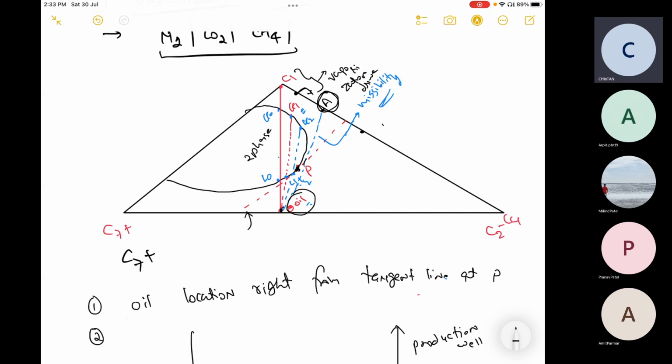This is the tangent line, the line from my oil and plait point, and this is the tangent from P. Because at a particular point you will have only a single tangent. You will never get two tangents at a particular point. In a circle, tangents are unique, correct?